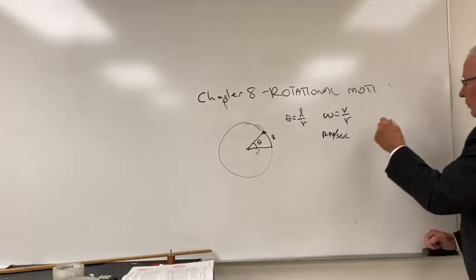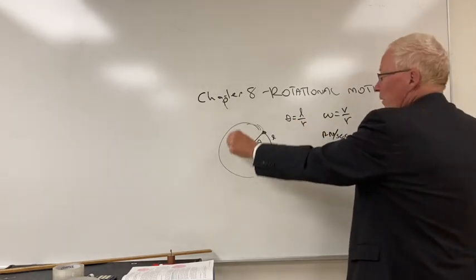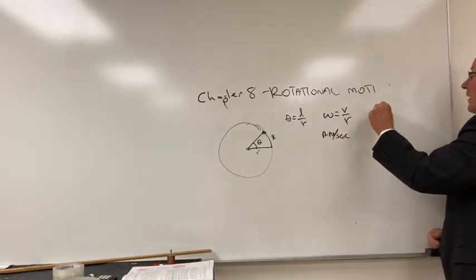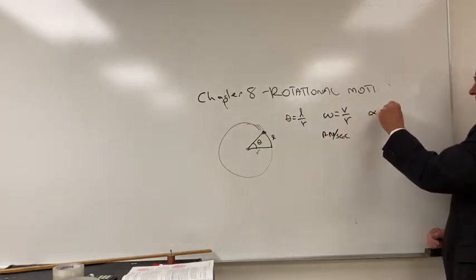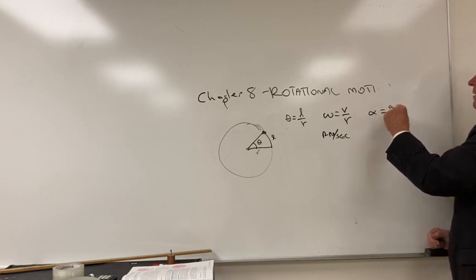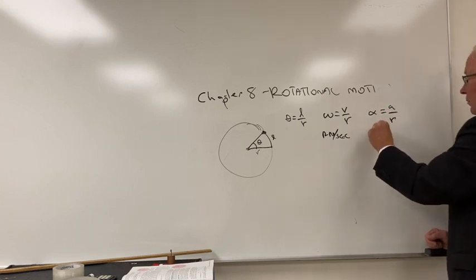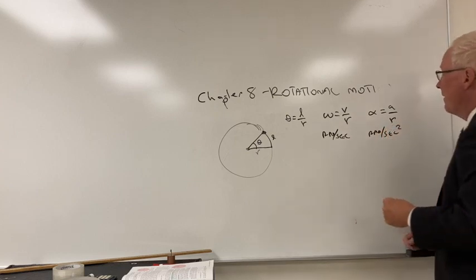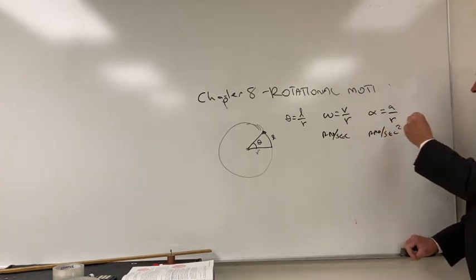But if the outer ring is accelerating, so it's going faster and faster, we introduce this concept of angular acceleration, which is a over R, and this is in radians per second squared. All right, so this is a relationship between all of them.